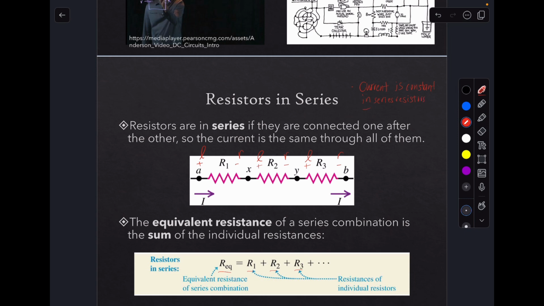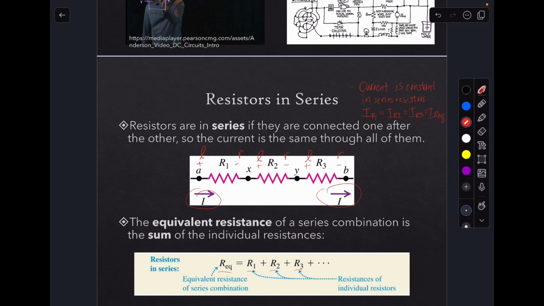What that means is the current through R1 is going to equal the current through R2, which will be the same as the current through R3 and the current through the equivalent resistor. The current value is the same throughout any resistors in series.